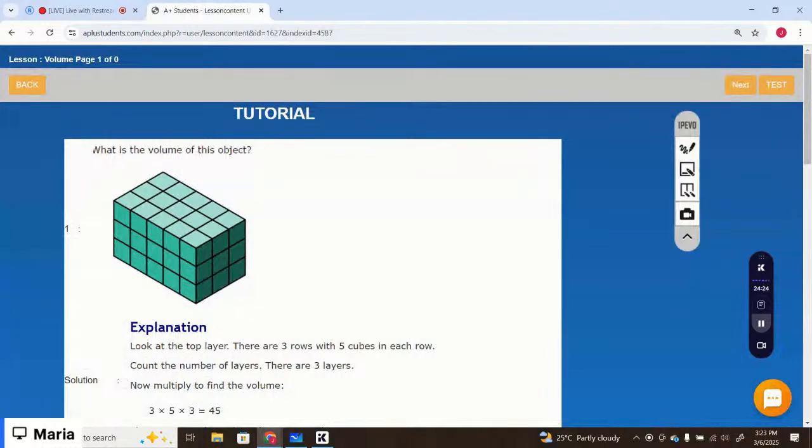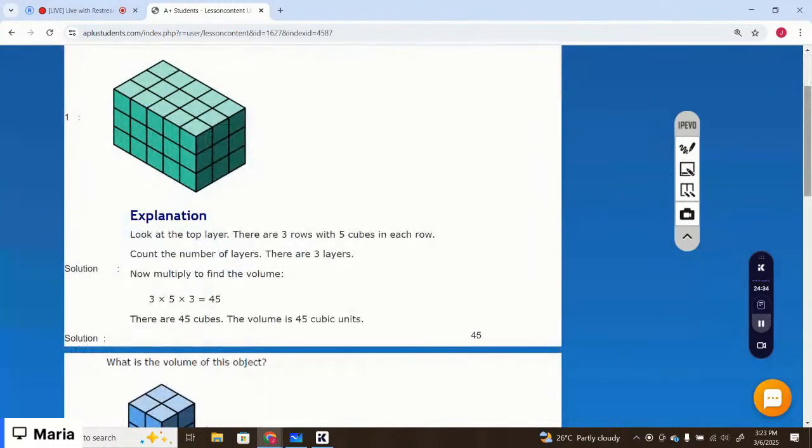What is the volume of the object? The volume of the object is length times width times height.